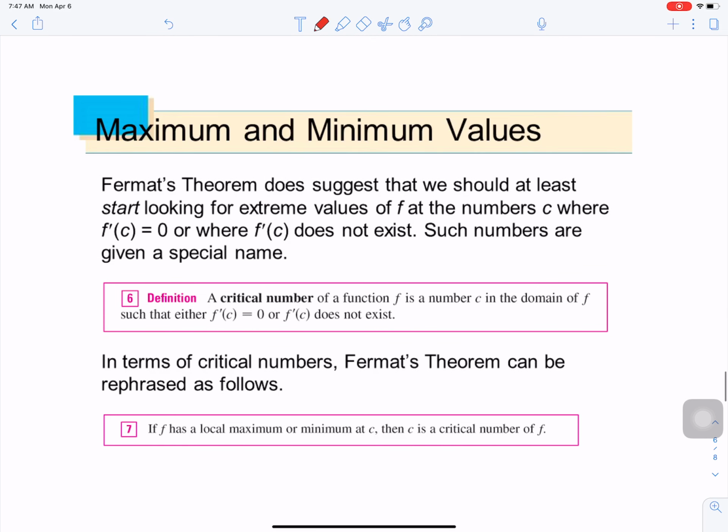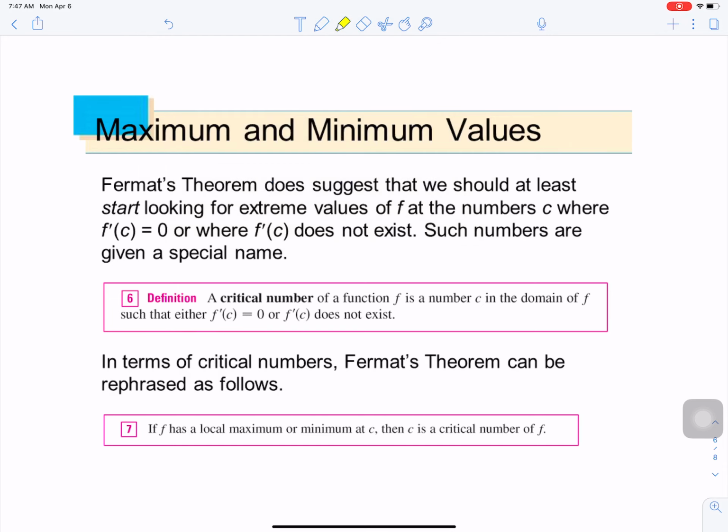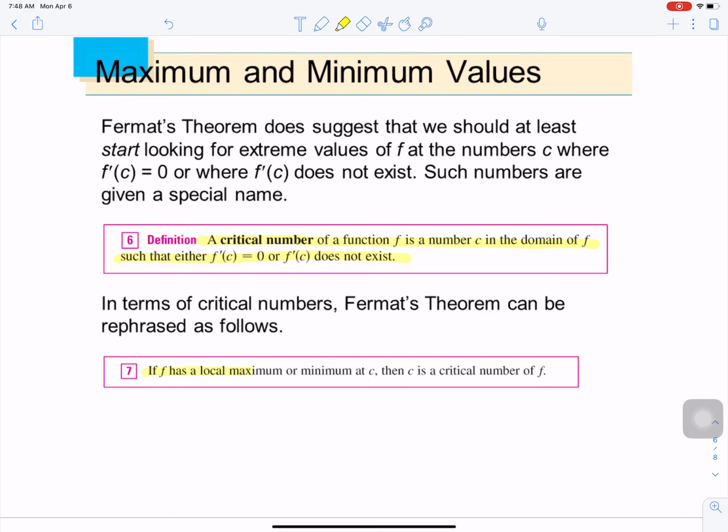Okay, so when we're thinking of how we actually go about finding maxes and mins, we were talking about finding a critical number. And a critical number is where the derivative is 0 or does not exist. So we need to find all of those sort of critical points. And then if the function has a local max or min, the value at that point needed to be a critical number.